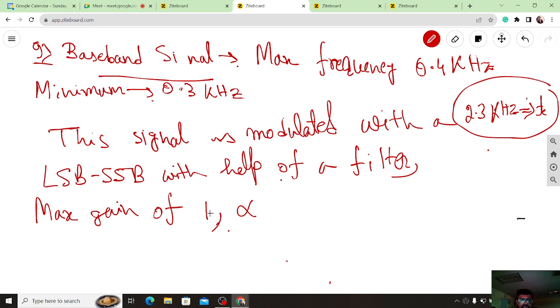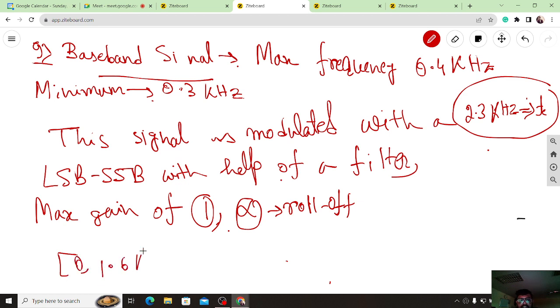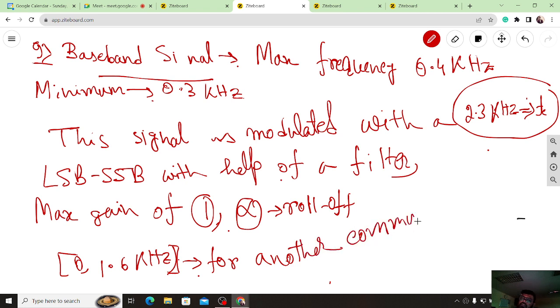So basically it has a gain of 1 and a roll-off factor of alpha. Now the point here is we are using the band 0 to 1.6 kilohertz for another communication. So we have to find out the value of alpha.